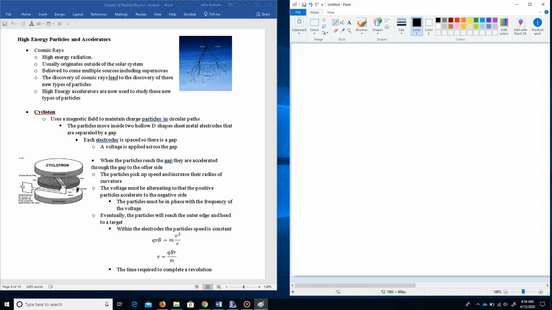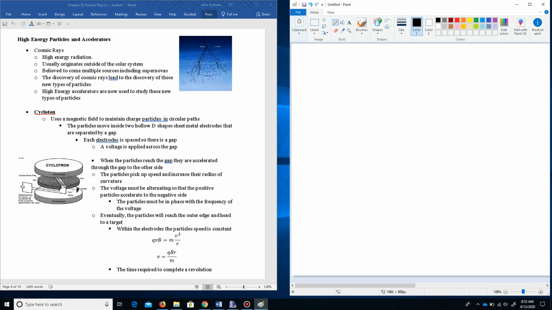With cosmic rays, we have high energy radiation coming in from outside the solar system. It originates outside of our solar system and is believed to come from multiple sources including supernovas. So it comes from multiple types of possible sources that are sending these cosmic rays towards us.